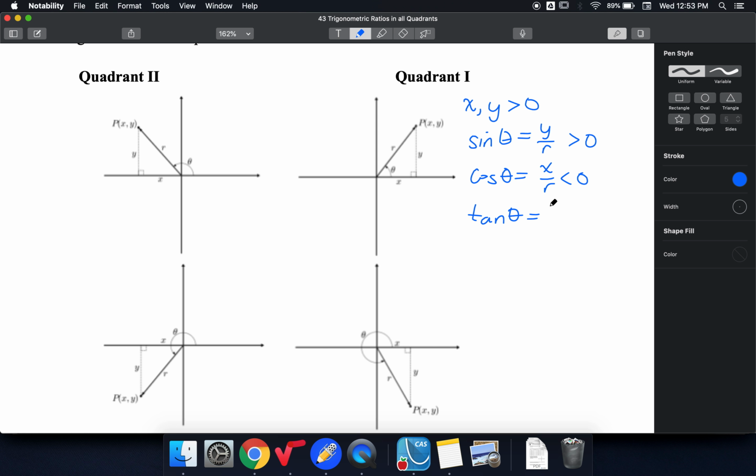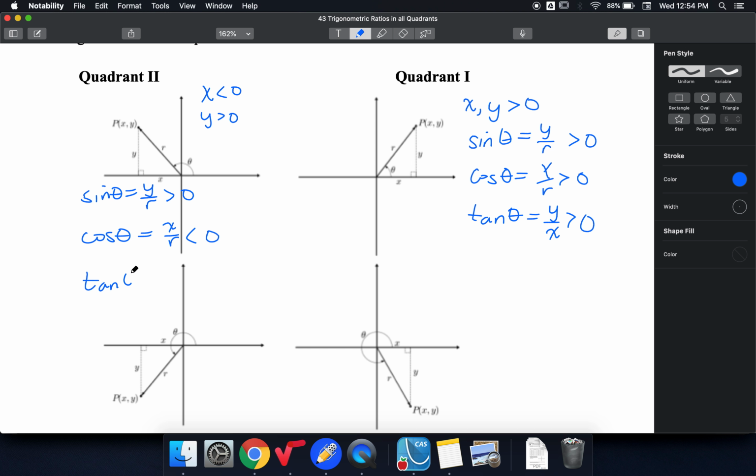Tangent will be y over x, which is also positive. In quadrant 2, x is negative, y is positive. So sine theta, being y over r, will be positive. Cosine of theta, x over r, is negative. Tangent, positive over negative, is negative.